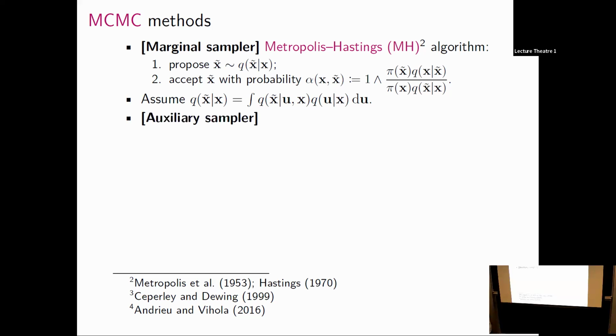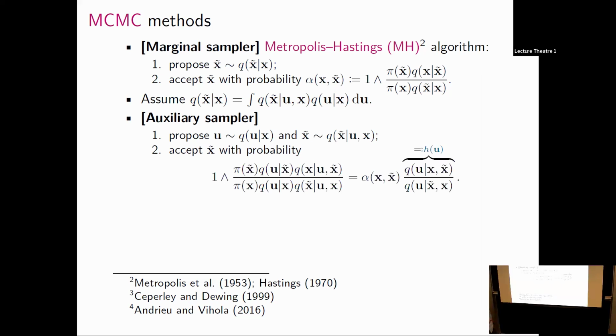With this, we can construct what I'm calling the auxiliary sampler, where we first propose this auxiliary variable u, and then we propose a state x tilde, and then we again accept or reject that with some suitable probability. The only important thing is that this acceptance probability will now depend on this auxiliary variable u.